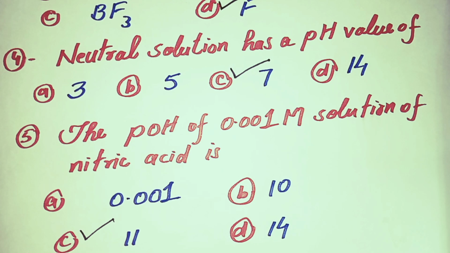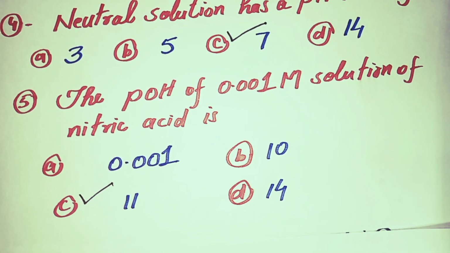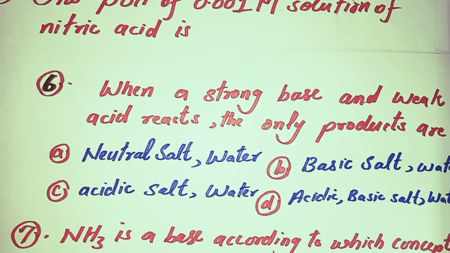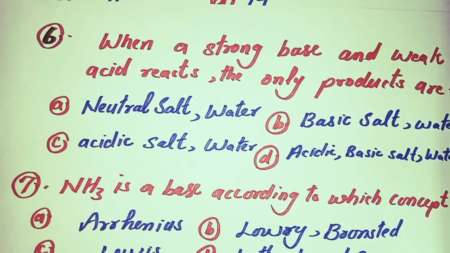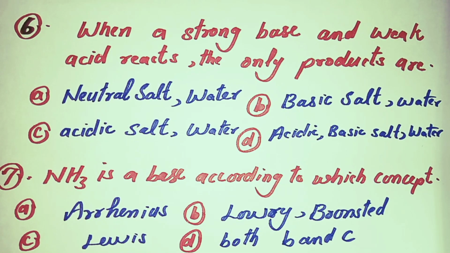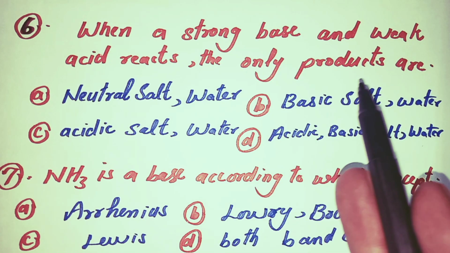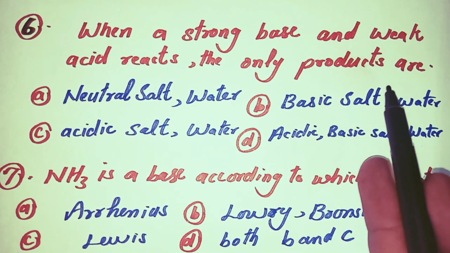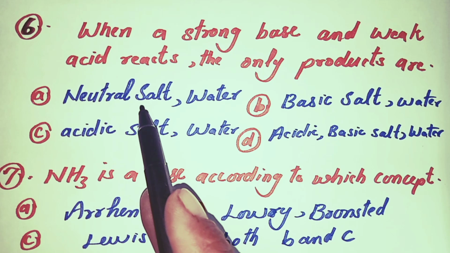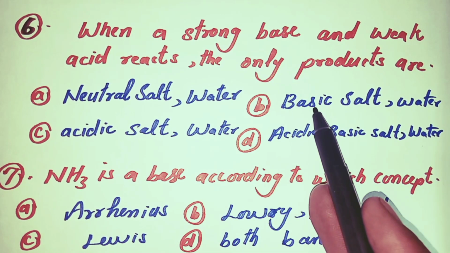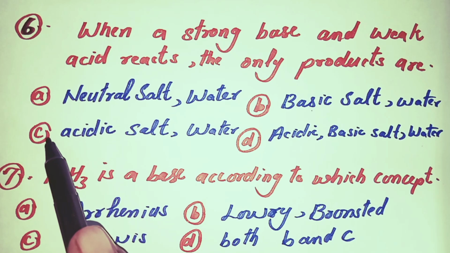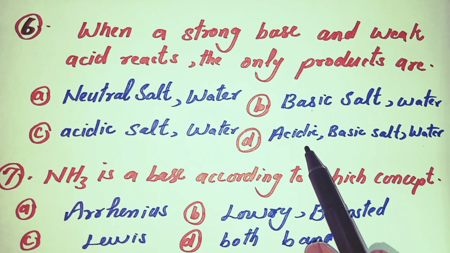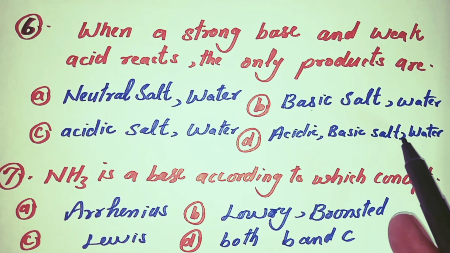Next question, question number 6. When a strong base and weak acid react, the only products are option A neutral salt and water, option B basic salt and water, option C acidic salt and water, and option D acidic and basic salt and water.